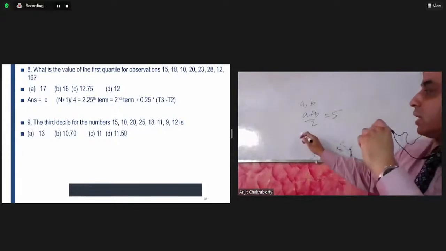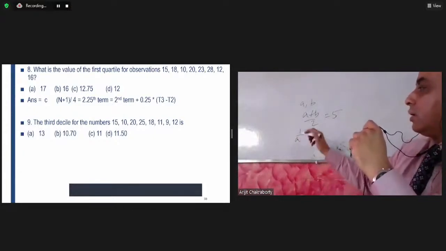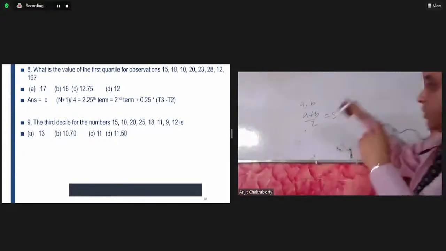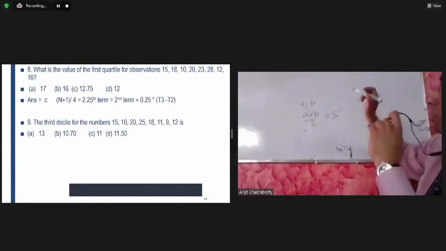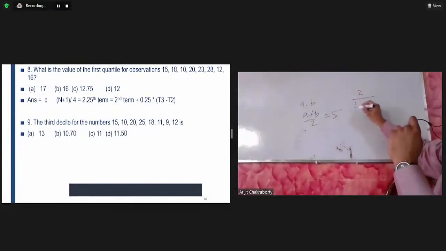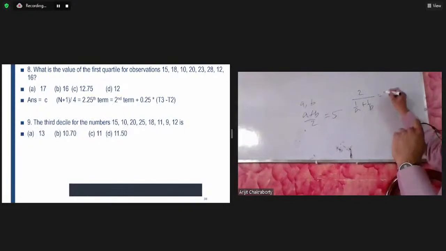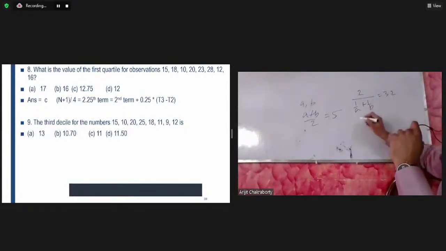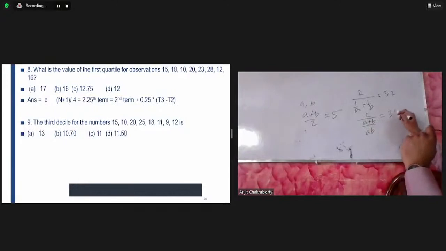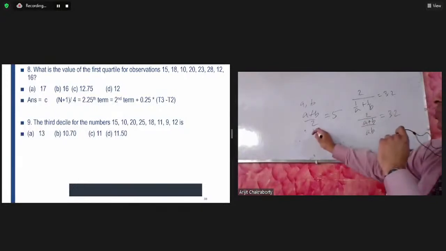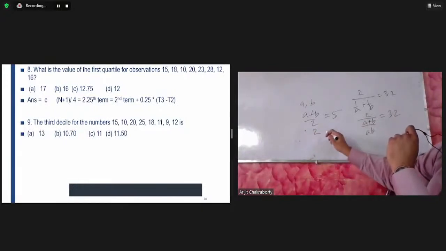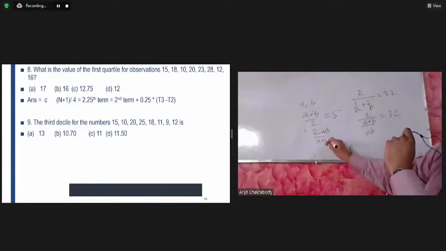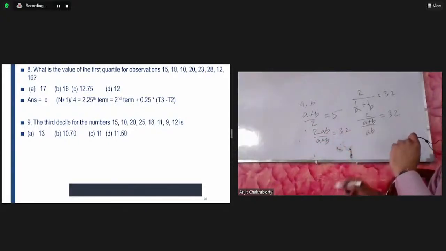That means we can write HM is 3.2. So 2 divided by 1 by A plus 1 by B equal to 3.2. This means we can calculate it like this. This becomes 2AB divided by A plus B equal to 3.2.